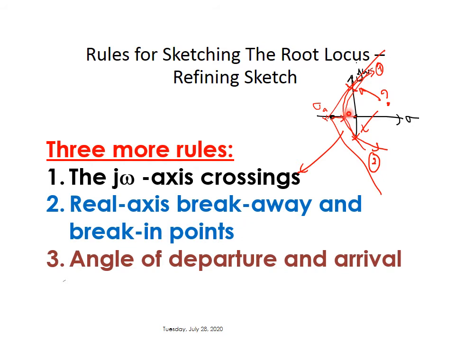So there is a method as well, rules, in order to define and refine how this breakaway or break-in angle will be. It is in this point 3. So I'll suggest you do that. But for the moment, we will concentrate on the j omega axis crossings.